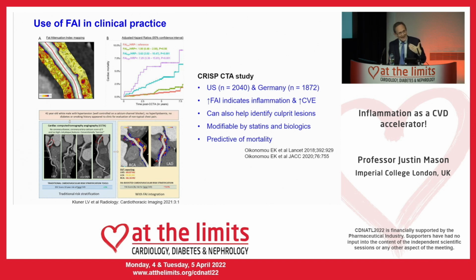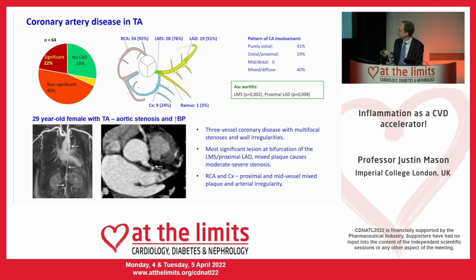And when they went back to look at his FAI, the figures were very different. His FAI was clearly abnormal, and that increased his risk of a fatal event to 7% and may indeed have altered management. So I think this is an area of active research, but an area that may well help identify patients who might perhaps benefit from anti-inflammatory therapy.